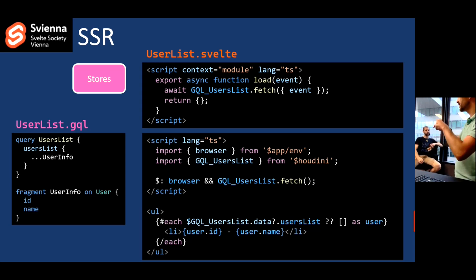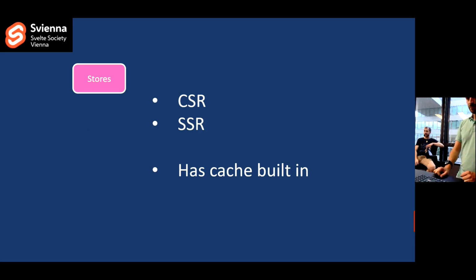Plus, you have to add the event inside, and it will get the fetcher, but everything is baked in for you, so you have nothing to worry about. And doing this, you will have server-side rendering by default. So you do F5 on your page, and the data is directly in the body of your HTML. If you go through a client-side navigation, then you will do a network call like before. So you have CSR, SSR.